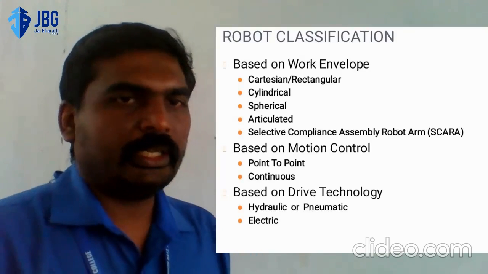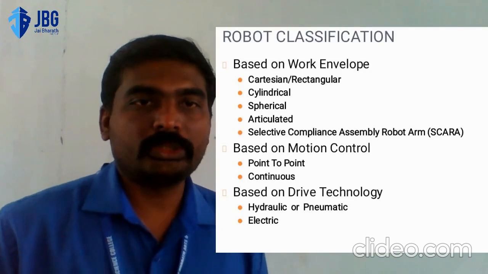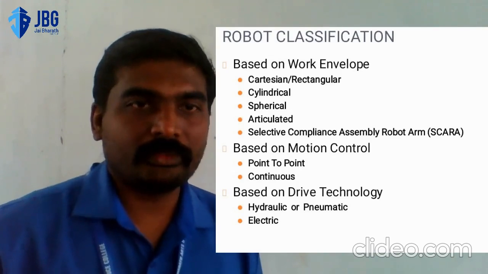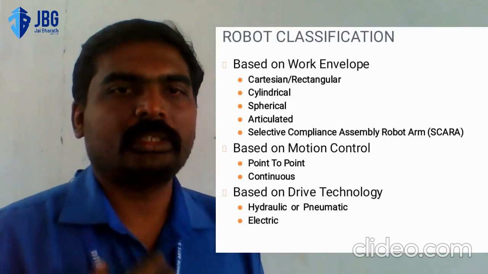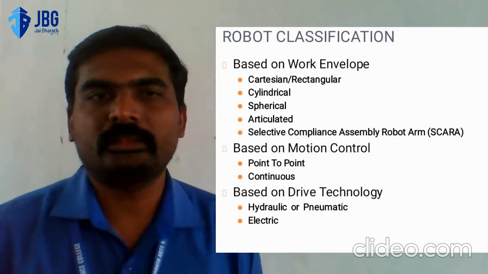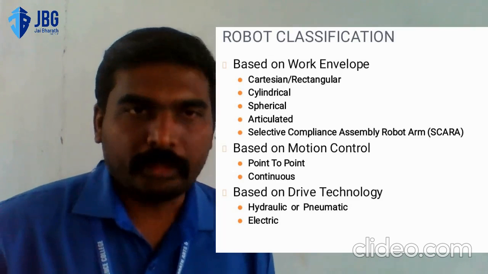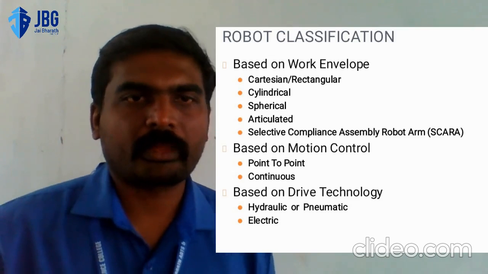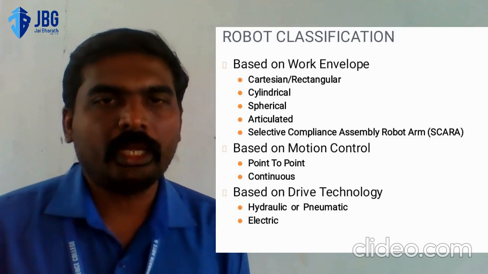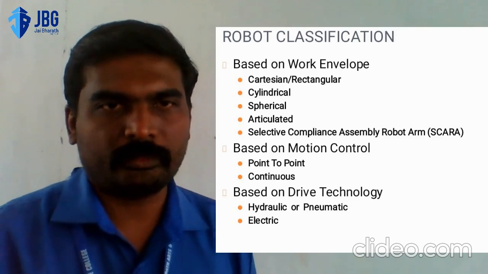Today we are going to discuss different classification of robots. Actually, we can divide the robots into different classifications based on three bases: based on work envelope, based on motion control, and based on drive technology.